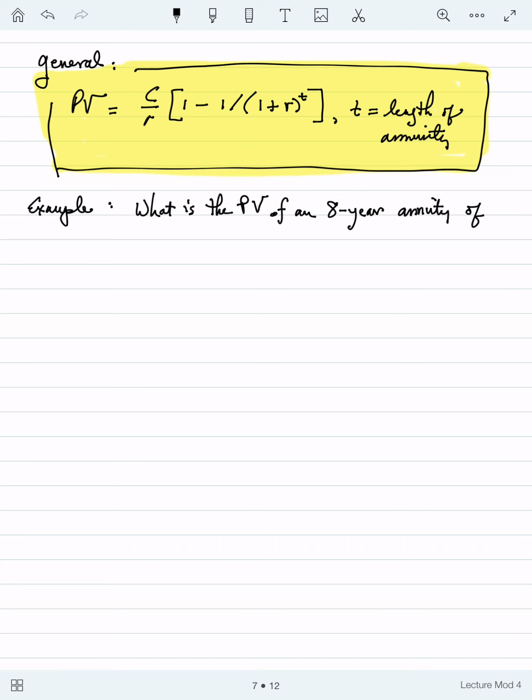Let's say that it's $150 per year, received at the end of each year. So this is a regular annuity. Let's say the interest rate R is 12%.